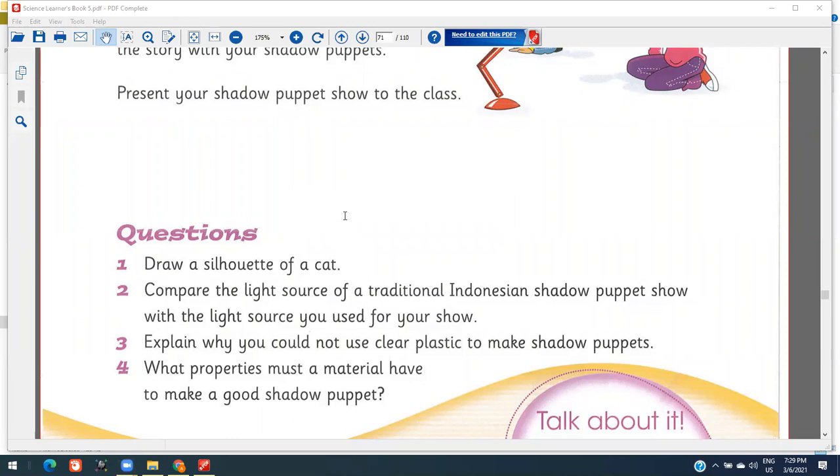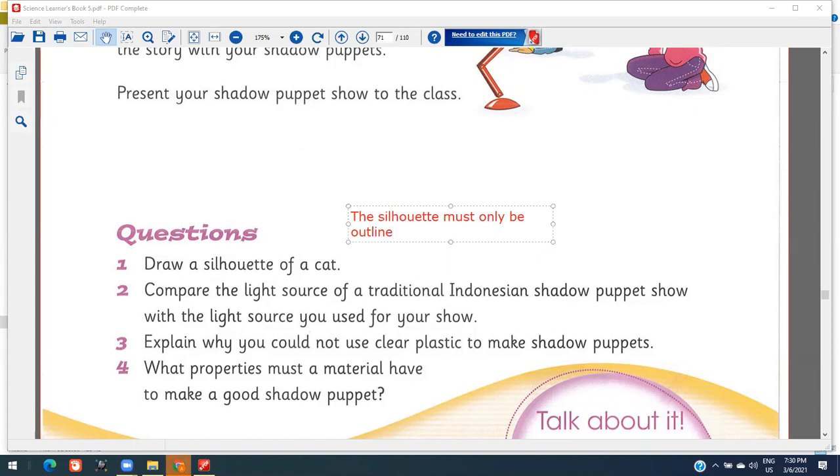I'm writing up here because of less space. Silhouette must only be outline of what?